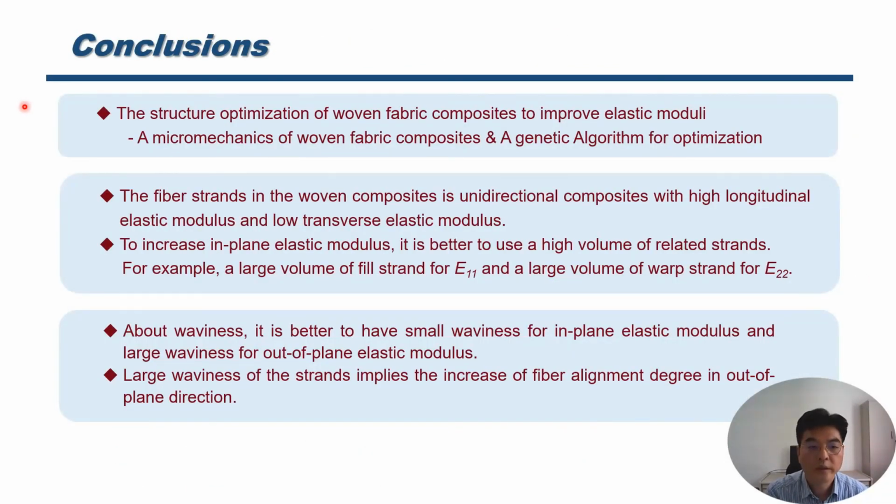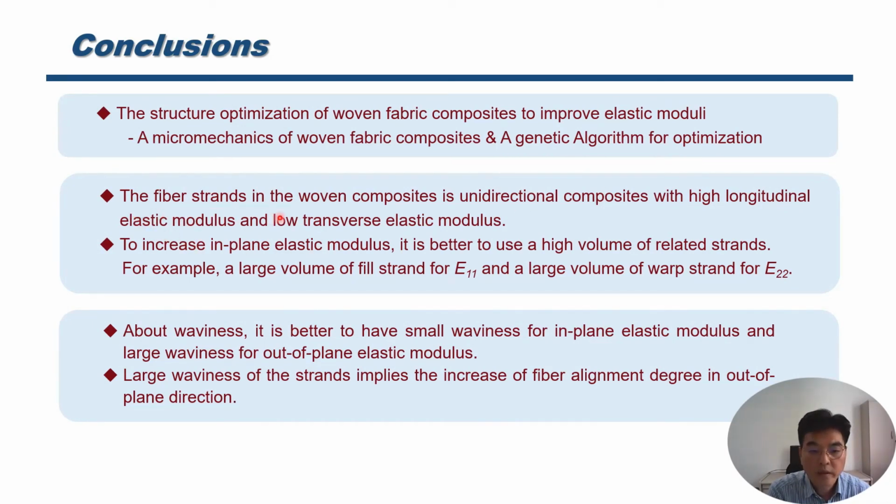Okay, here is the conclusion. We did some structure optimization of woven fabric composites to improve elastic modulus. To do that, we used micromechanics for woven fabric composite and a genetic algorithm for the optimization process.